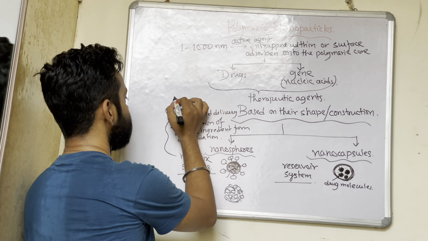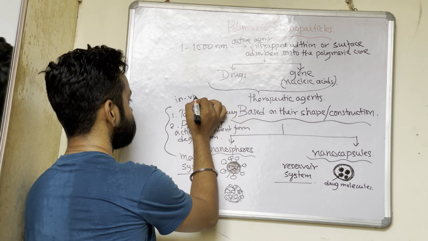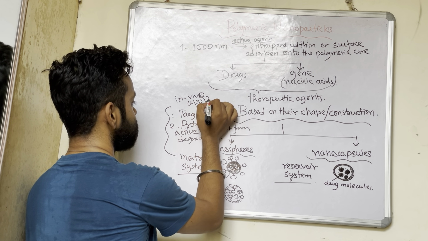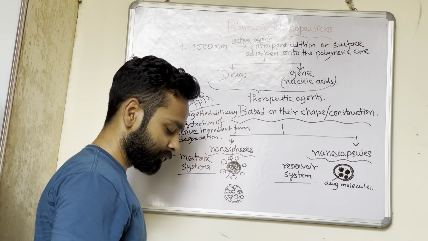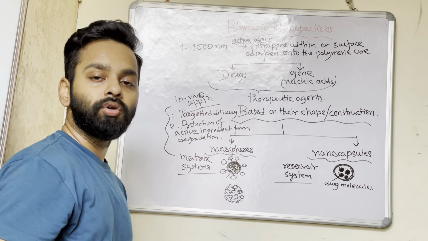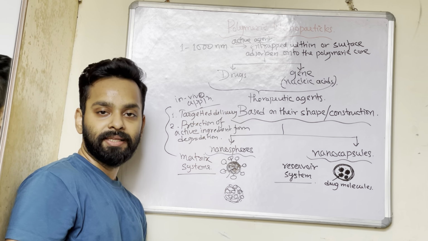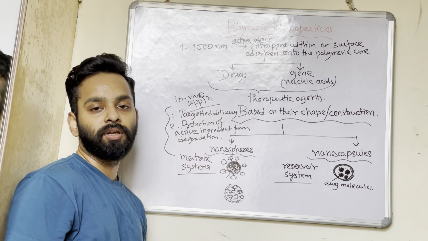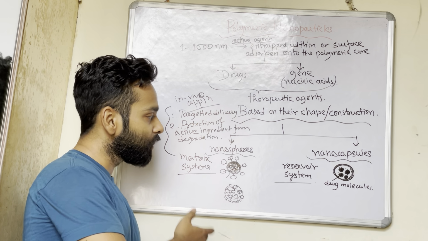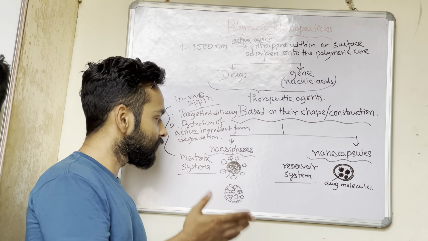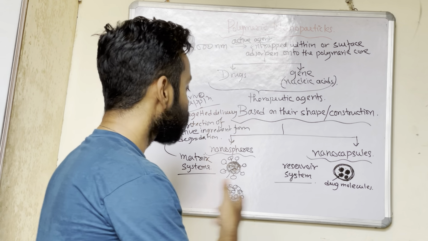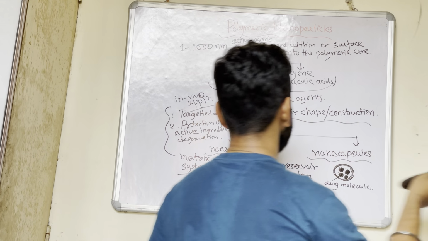These are all for in vivo applications. Right? Now we will be discussing two main types of delivery agents. One is for drugs and one is for genes. So for drug delivery applications, these polymeric nanoparticles are constructed as nanospheres or nanocapsules. Now in order to explain it, let me erase out some of these parts.